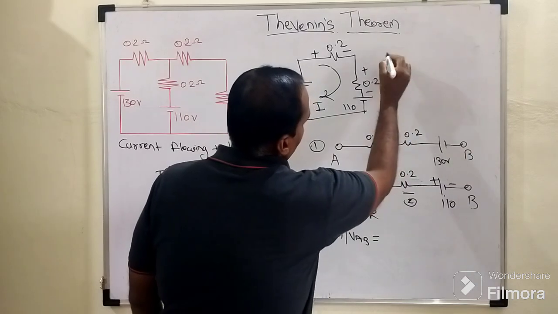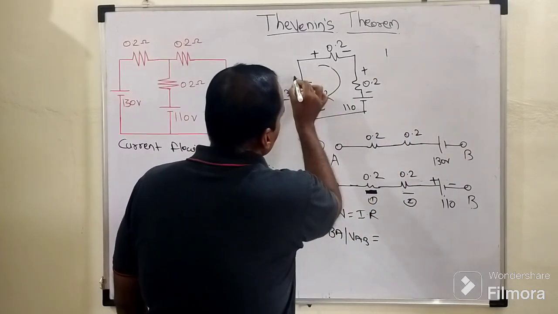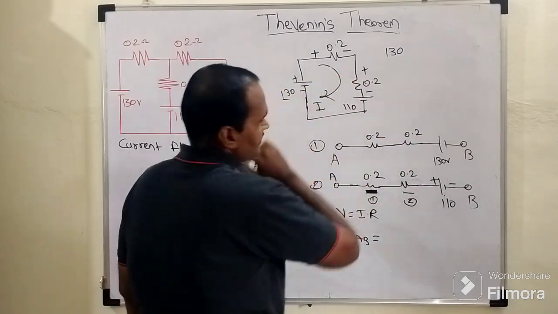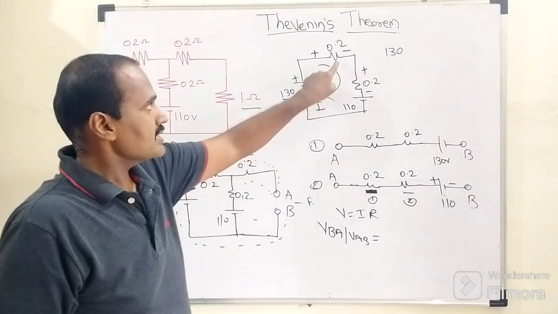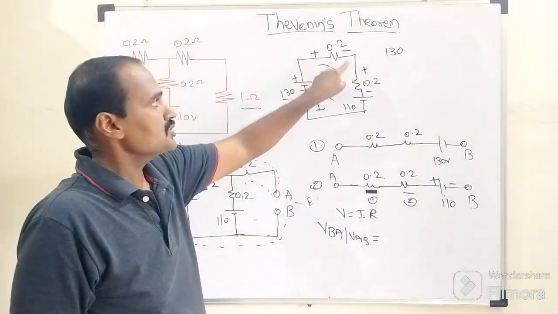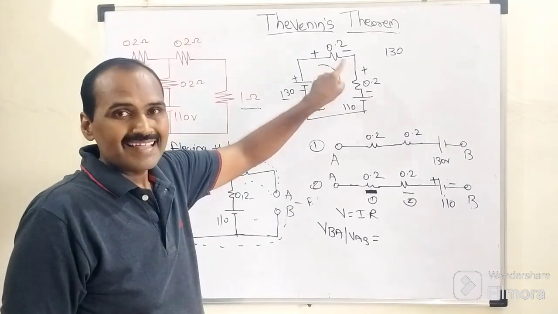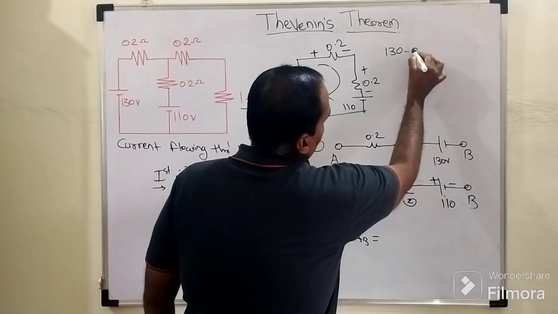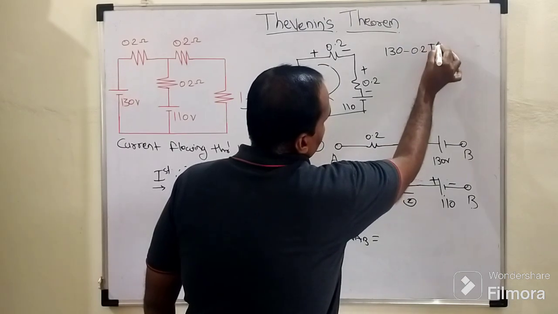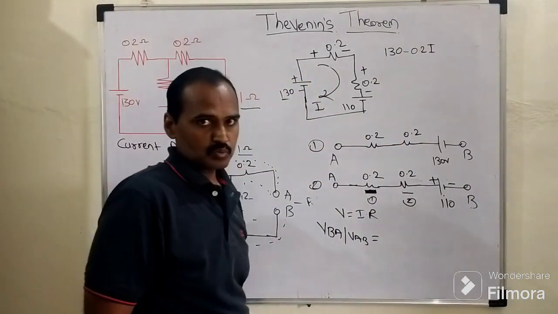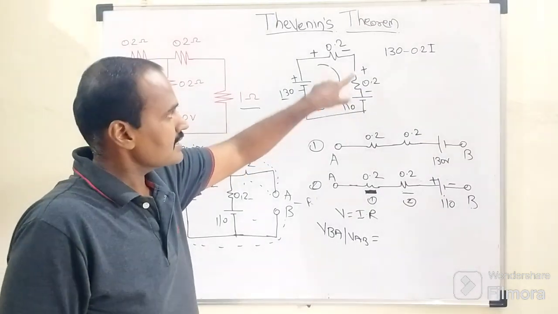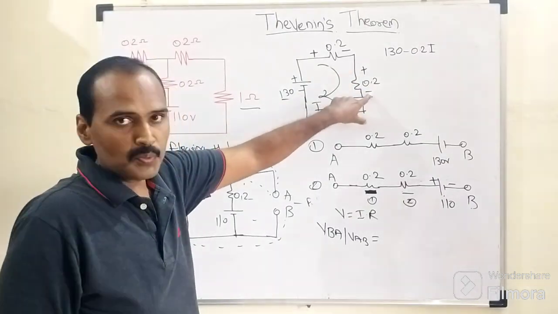here I will write, as we are going from negative to positive plate, so plus 130 volt. As far as this 0.2 ohm resistor is concerned, we are going from positive to negative. That's why the polarity of the ohmic drop will be negative. So minus 0.2 times this capital I current flowing through that resistor. Similarly, as far as this vertical arm resistor is concerned, we are going from positive to negative.